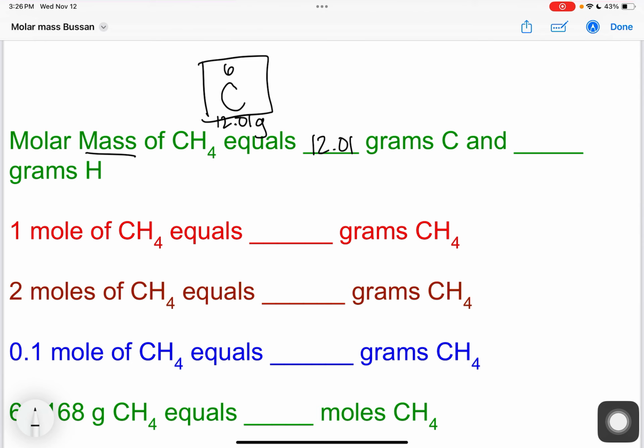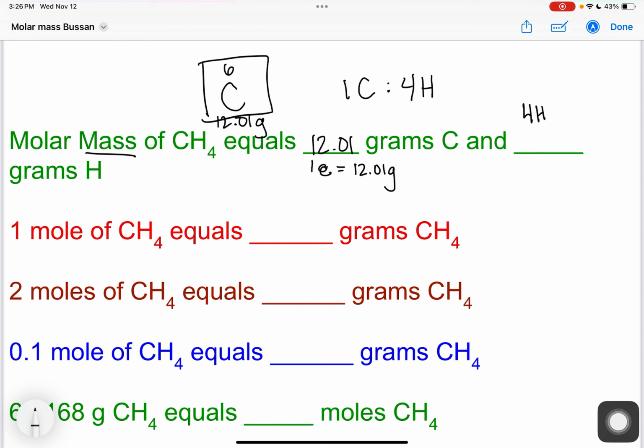Now, when I look at my hydrogen, like before, we said for every 1 carbon, there were 4 hydrogens. So the mass is going to be a little bit different for hydrogen. Here, I know I have 1 of my carbon atoms, which gives me 12.01 grams. Sorry for the mistake there, folks. And then I look over here and I see 4 hydrogen. So how am I going to find its mass?